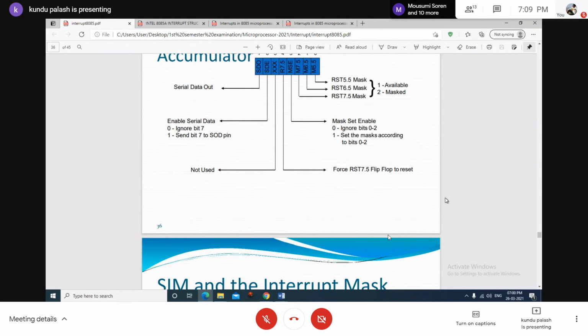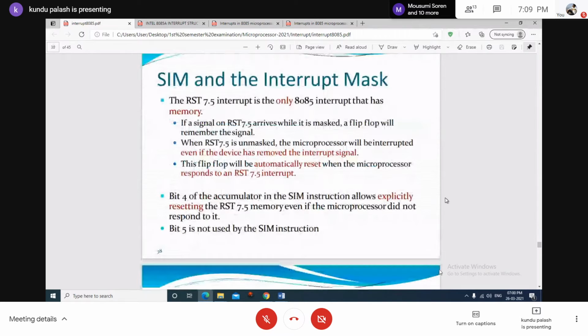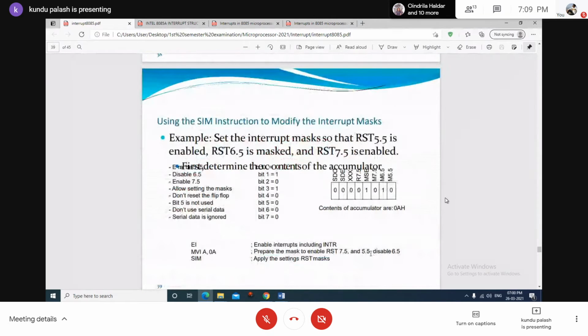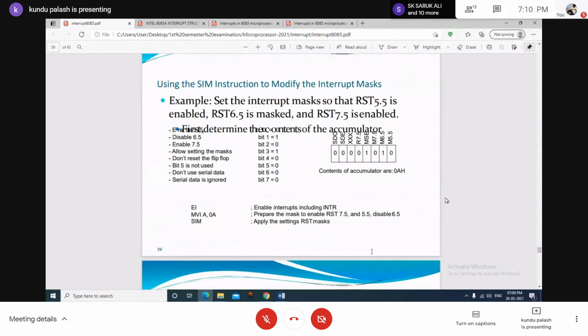That means disable. So that is exactly what is coming here: disable 6.5. But 7.5 and 5.5 are enabled. Although the interrupt system is enabled, by masking, interrupt 6.5 has been disabled. And then at the last, the SIM instruction, that is the set interrupt mask instruction, should be used.